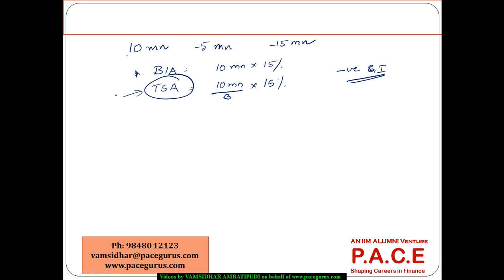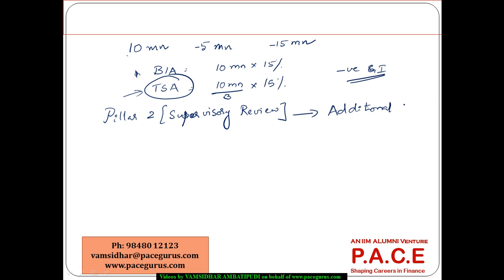So that is where they have brought in, under pillar 2, supervisory review of the Basel 2, that additional capital should be added, especially if the company is having negative gross income.